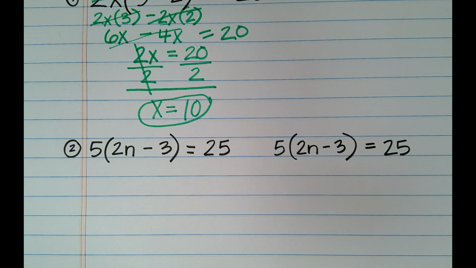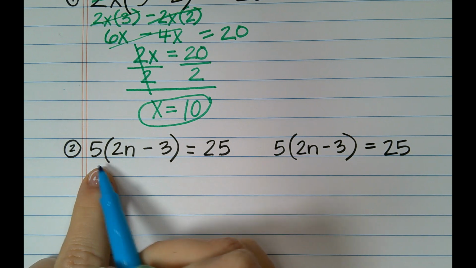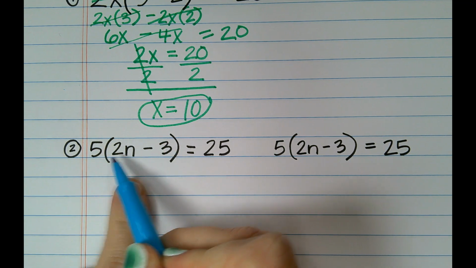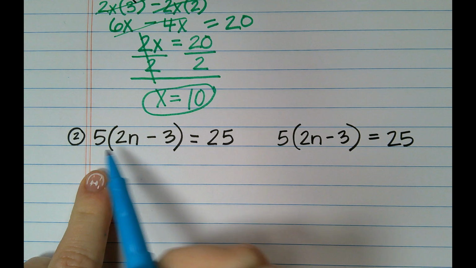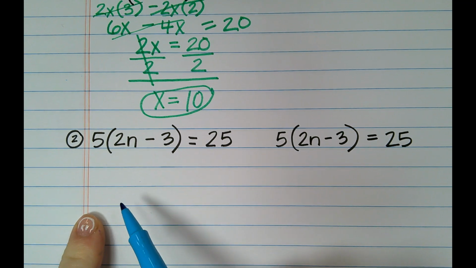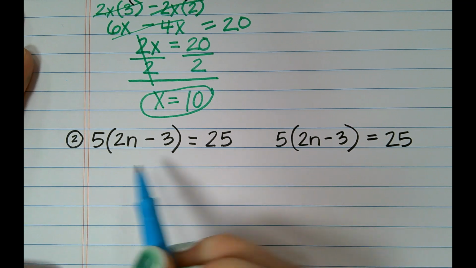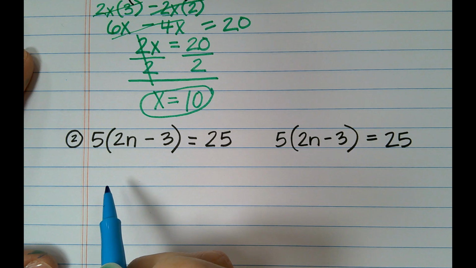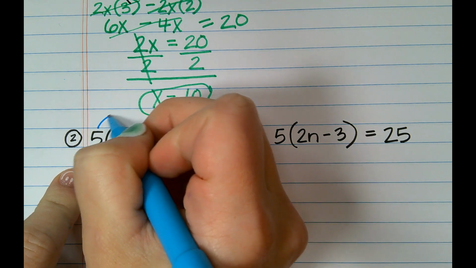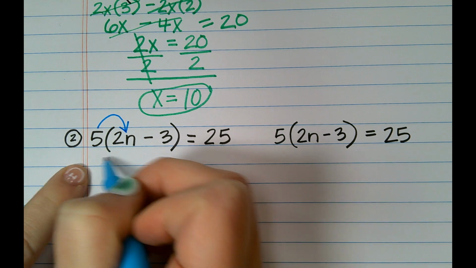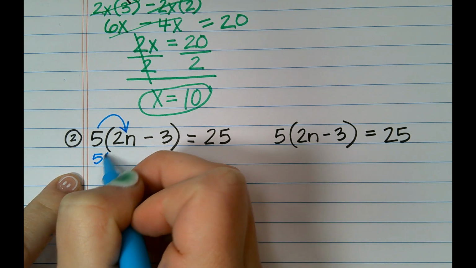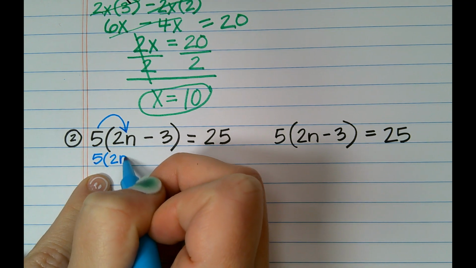So in 5 times the quantity of 2n minus 3 equals 25, how would I begin this problem with distribution? 5 times 2n. Yeah. So now this next step where I'm writing out the problem, you don't have to rewrite it.